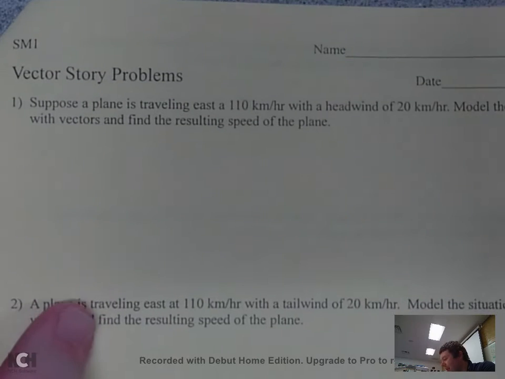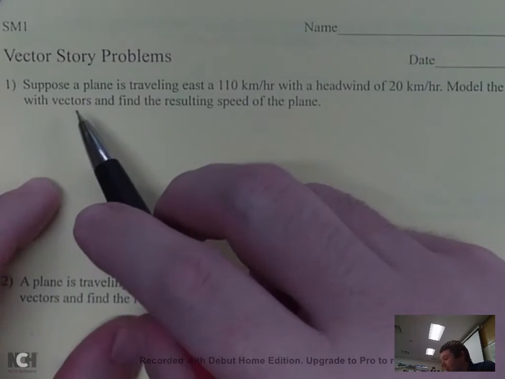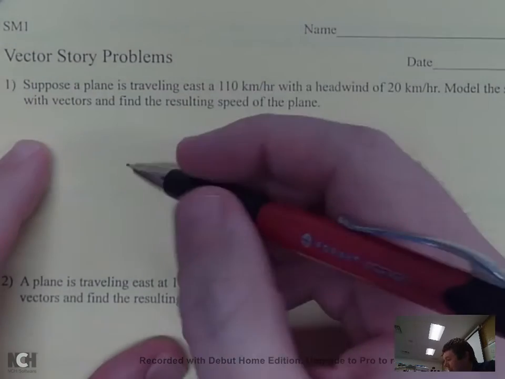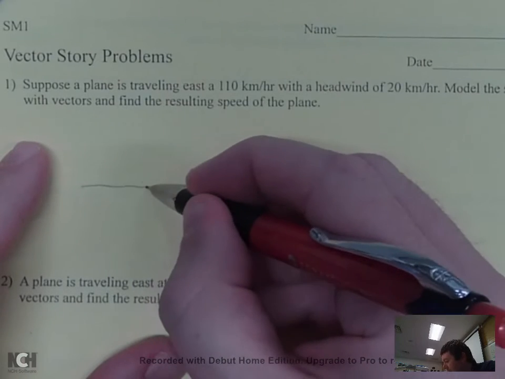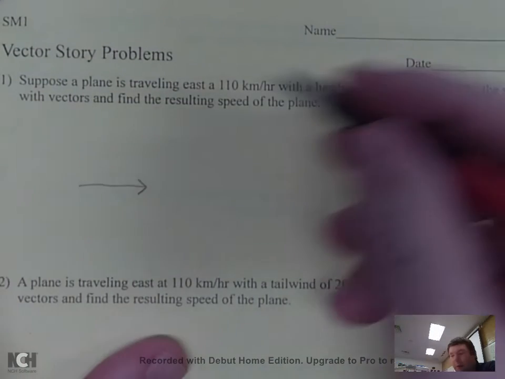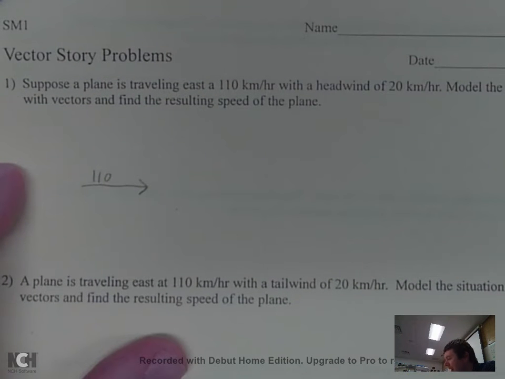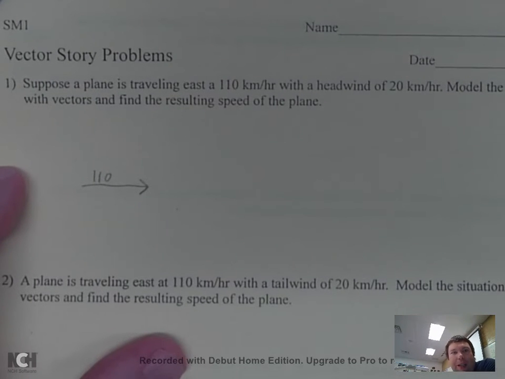So when we look at this, suppose a plane is traveling east at 110 miles per hour. Okay, so east would be right there. It's going to the right, and it's going 110 miles per hour. And then it's got a headwind of 20 kilometers. Sorry, talking about kilometers, not miles.